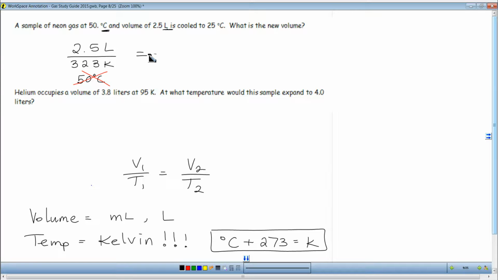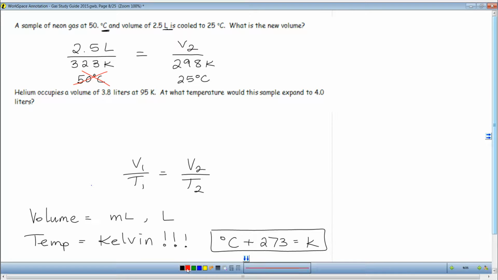I want to know the new volume when the gas is cooled to 25 degrees Celsius. So V2 is my variable. And then I'm going to take 25 plus 273, and that is 298 Kelvin. Not 25 degrees Celsius.